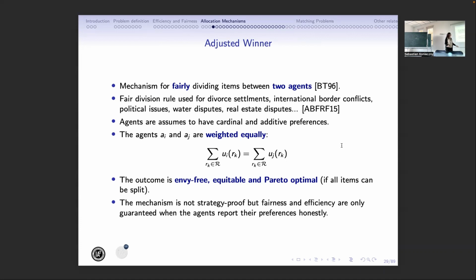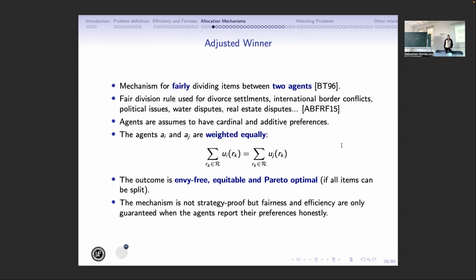That means that the sum of the utilities for the resources is the same for both agents. So if you sum all the utilities, you obtain the same numbers. You will see that it is important when we execute the procedure.